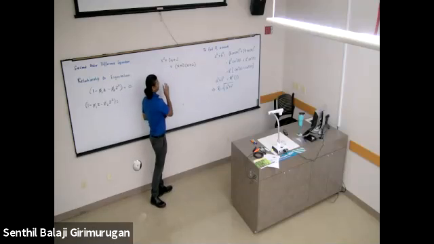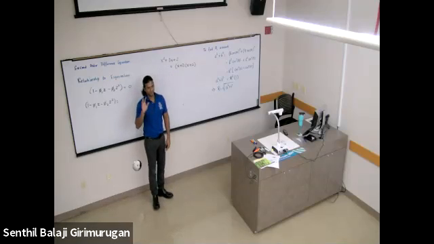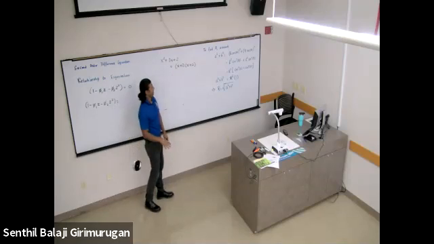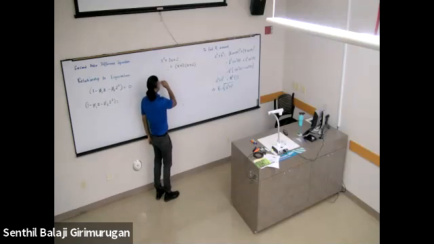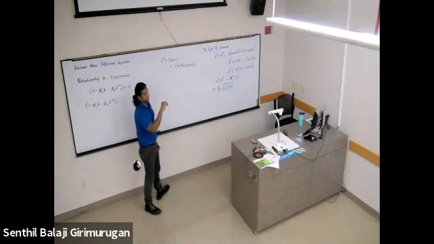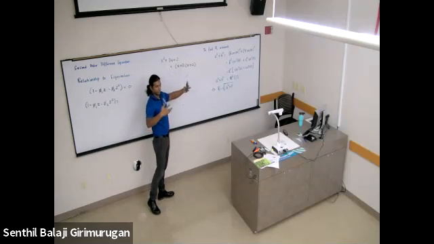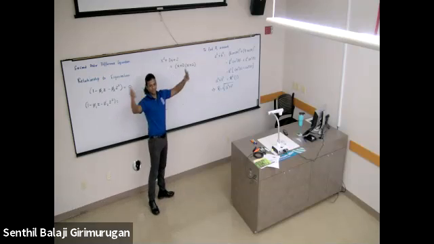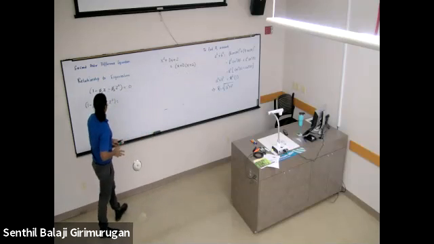So every polynomial can be expressed in terms of factors. A second-degree polynomial, a quadratic function, can be expressed using 2 factors, a cubic, 3 factors, a quartic, 4 factors, and so forth.